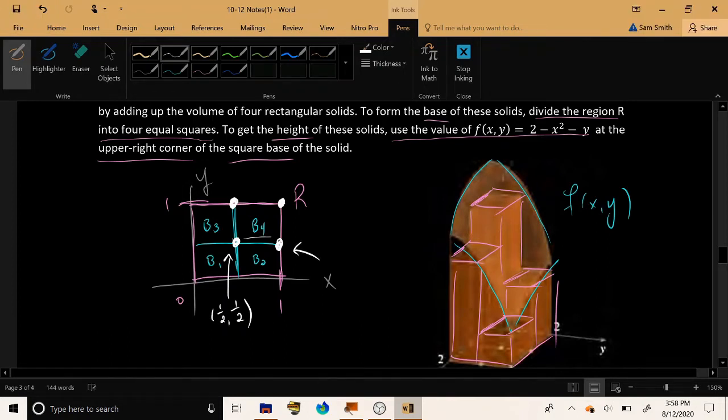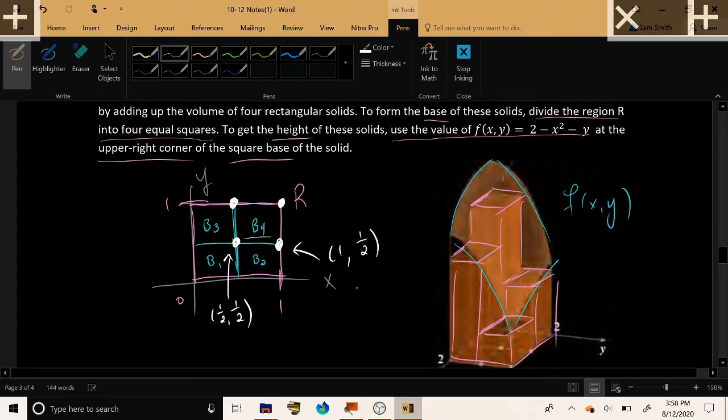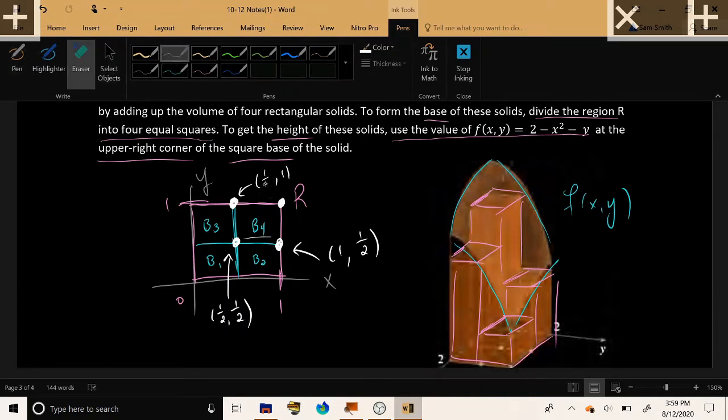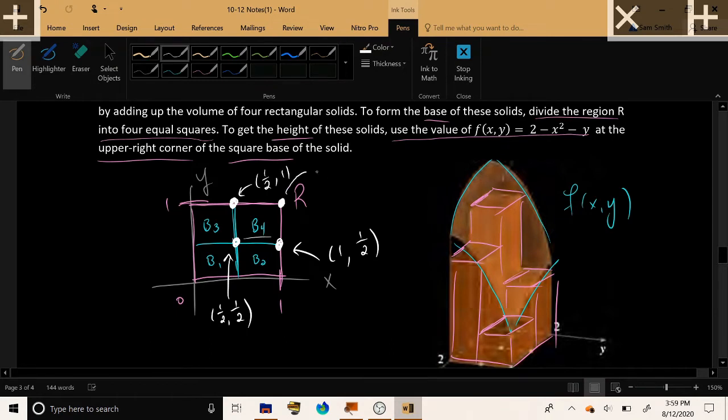Upper right corner number 2 is located at the x equals 1 line, and the y has a value of 1/2. And the opposite is true for the upper right corner of box number 3: 1/2, 1. Finally, this corner here of base number 4 has coordinates 1, 1, and it's the far end of the square here.